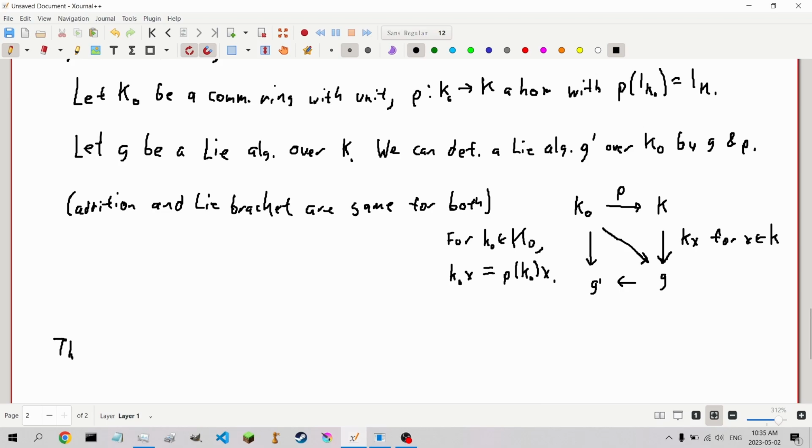It says the subalgebras, or alternatively the ideals, of G are subalgebras, or alternatively ideals, of G prime.